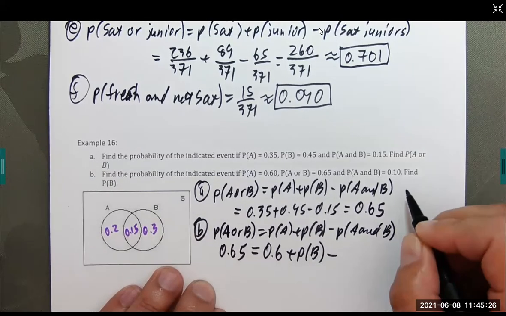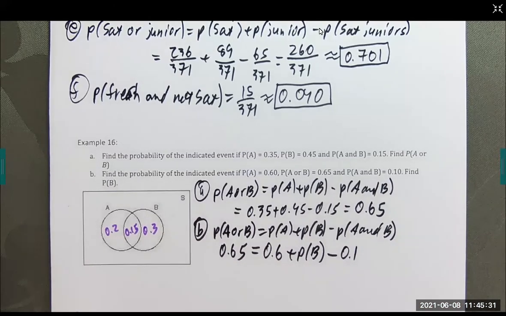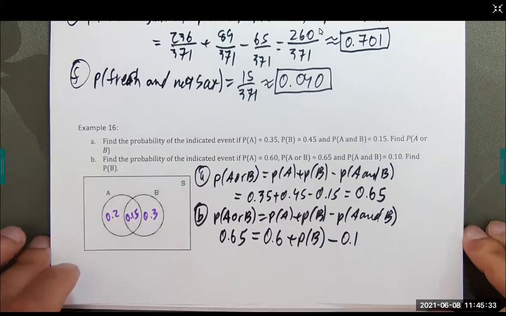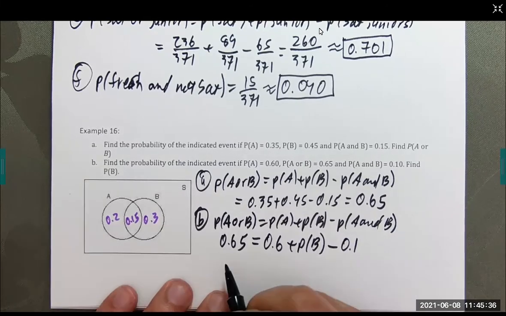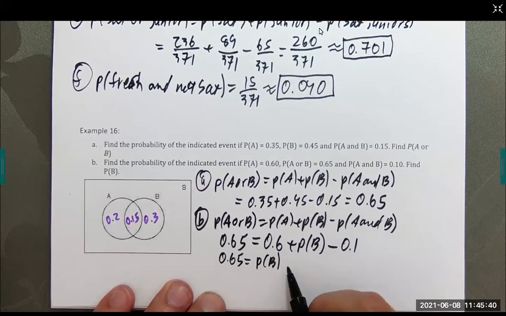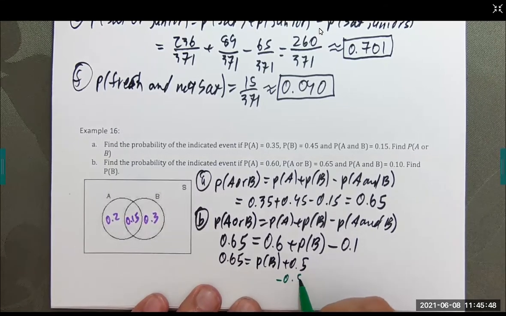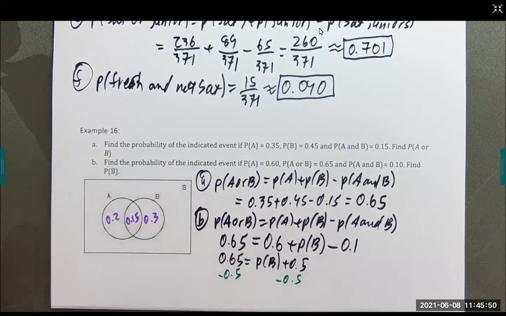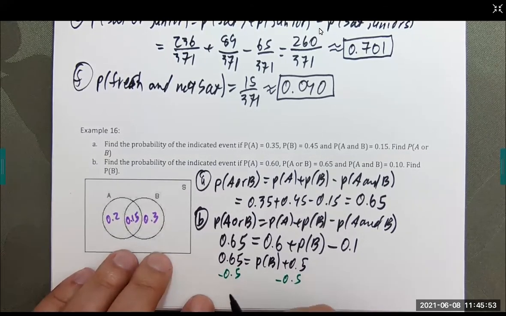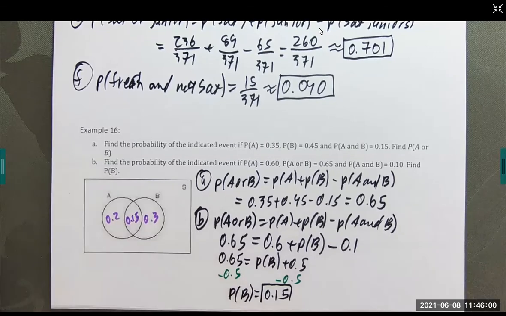P of A and B is 0.1. So now I have an algebraic problem to solve. So I'm going to go ahead and combine up my like terms. Now I'm going to subtract. To get that P of B is 0.15. Good old algebra.